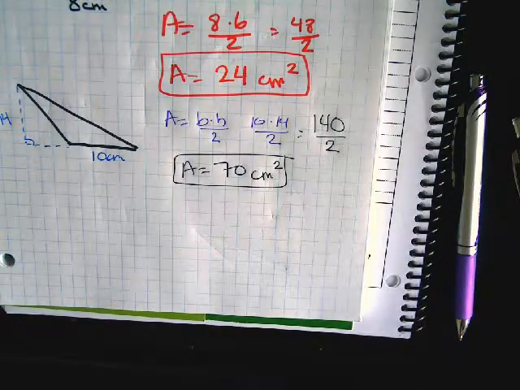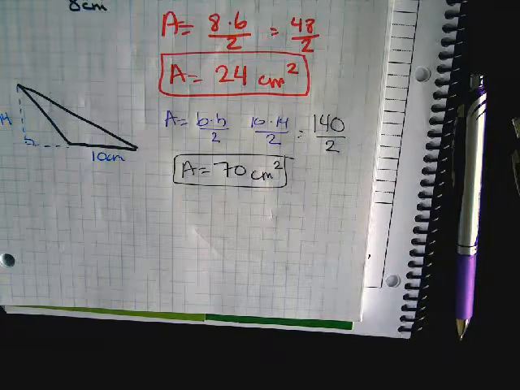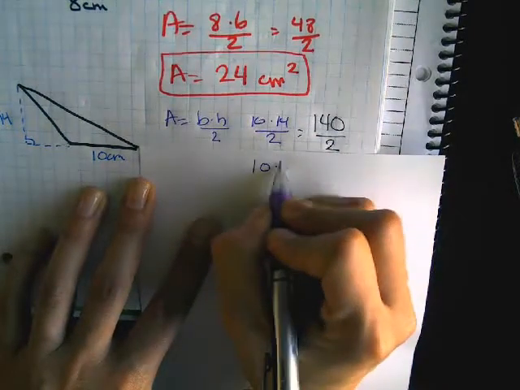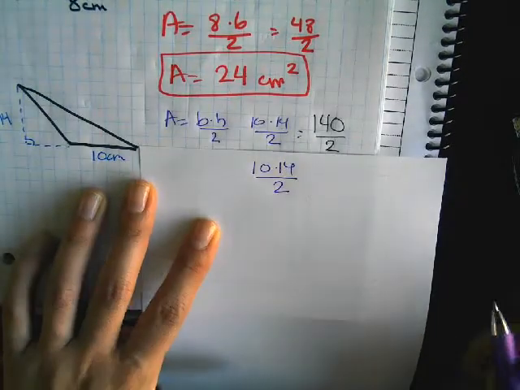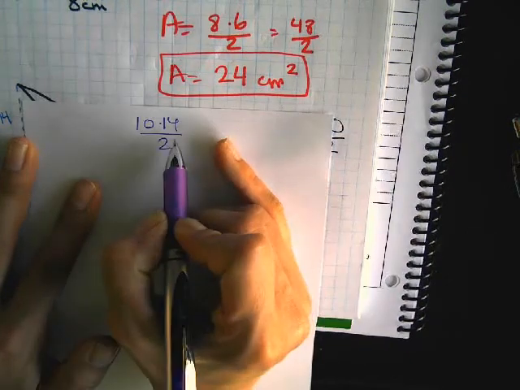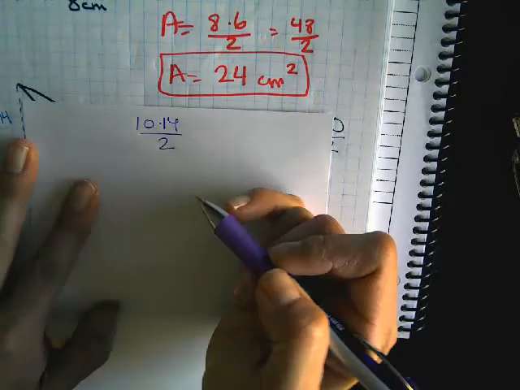We're okay? There's a shortcut for triangles. Let me show you. It starts off the same way, right? 10 times 14 divided by 2. I'm using the same problem to show you the shortcut. Instead of doing 10 times 14, you take one of the numbers and divide it by 2.